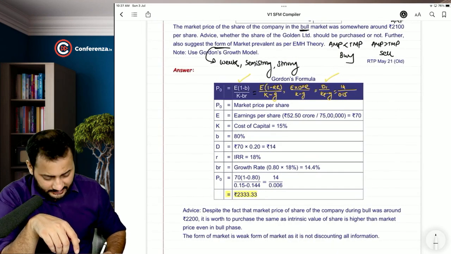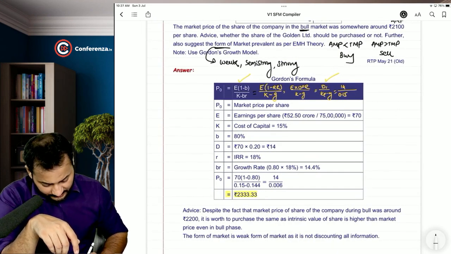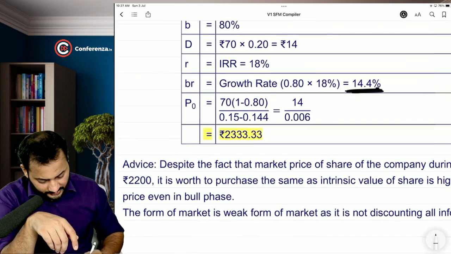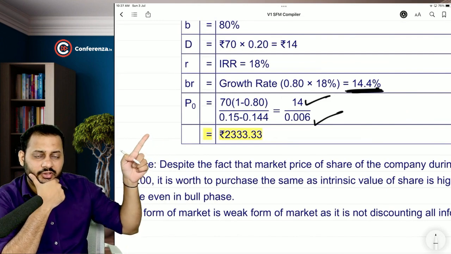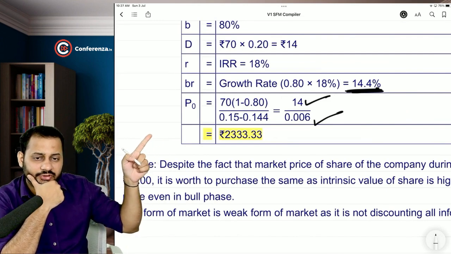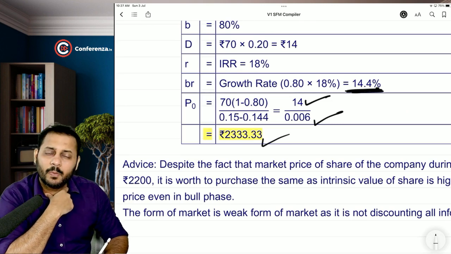You can just clearly see it here. Where is the growth rate? Yeah, this one. So you just write down like this: 14 rupees of the dividend per share, 15% cost of equity, 14.4% growth rate. You will reach this value.